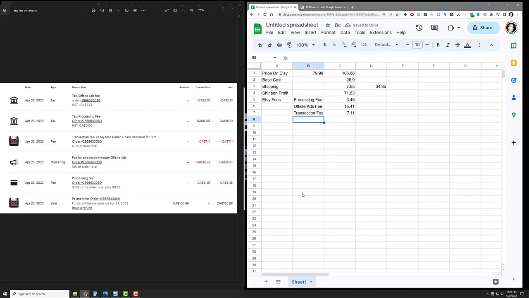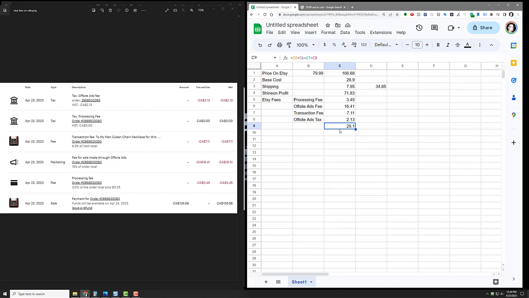Don't pretend I'm done. Tax processing fee, there isn't any. However, they did charge me tax on offsite ads, which was $2.13. So I'm just going to add that plus that plus that plus that. I paid $29.10 in processing fees.